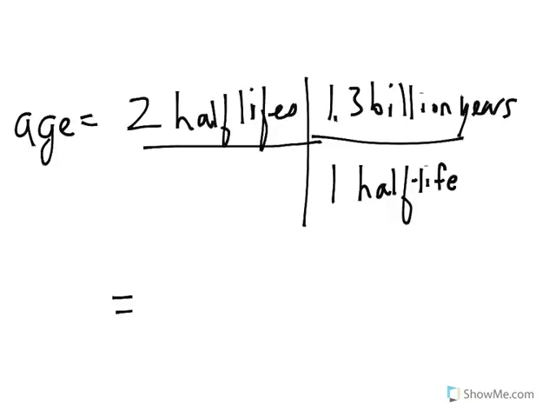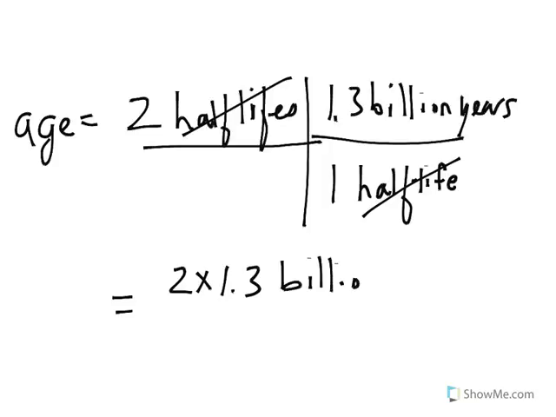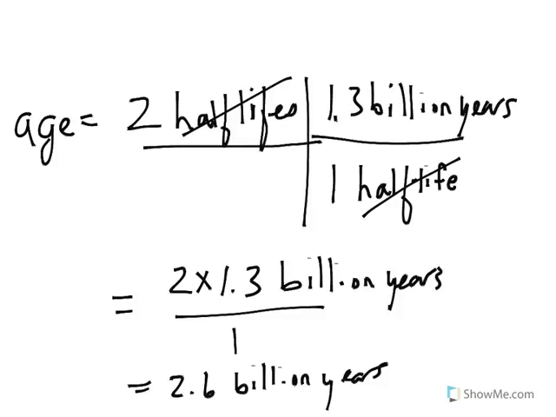So we multiply it out. 2 times 1.3 on the top, half-life drops out, so we're left with the unit of billions of years. And then on the denominator, we just see the number 1. So 2 times 1.3 billion years is 2.6 billion years. So you would conclude the age of the rock is 2.6 billion years old.